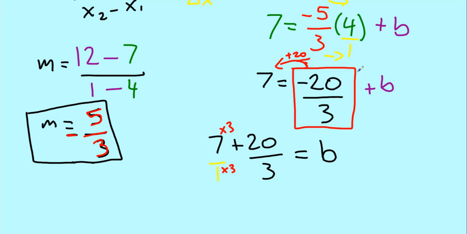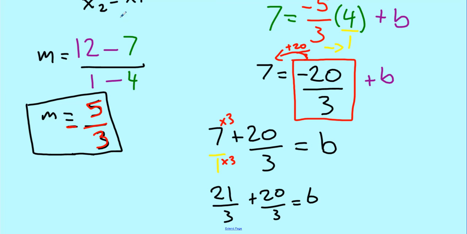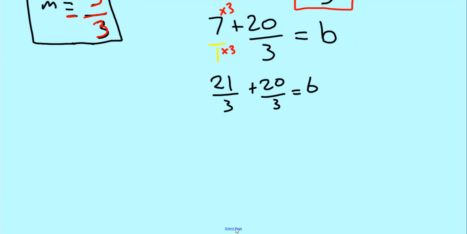So 7 times 3 is 21 over 3, plus 20 over 3 equals b. I gotta extend my page. So 20 over 3 plus 21 over 3. So 41 over 3 is my b value.